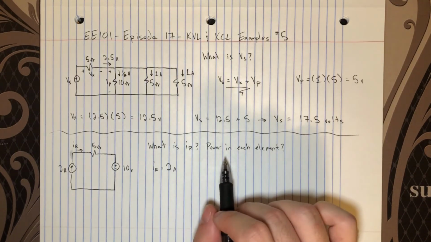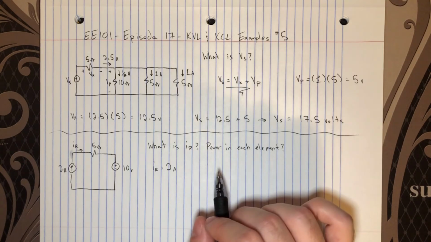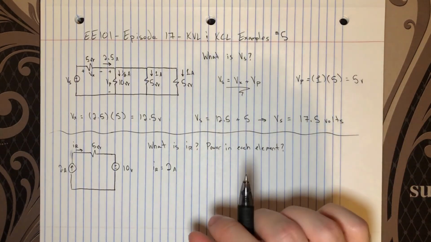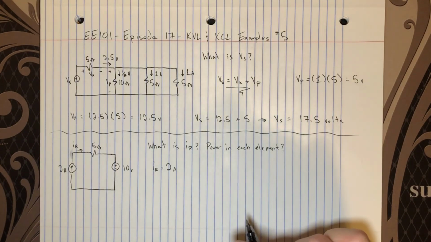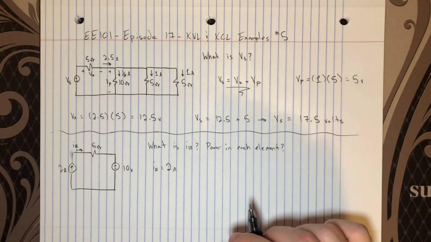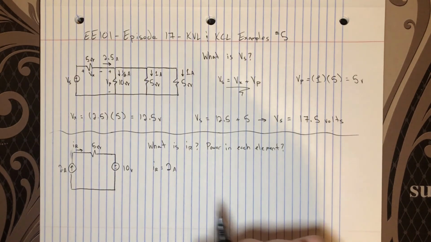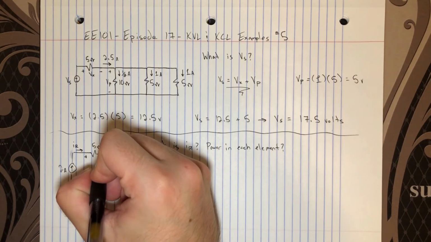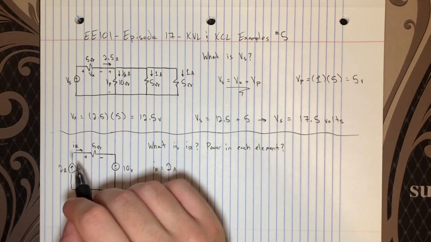Now the next question is, what is the power in each element? Let's start with the resistor, because that's a passive element, and it should be easy. First of all, we know that because the resistor is passive, it must be consuming power, and therefore its voltage polarity is as follows, with the current entering the positive terminal.